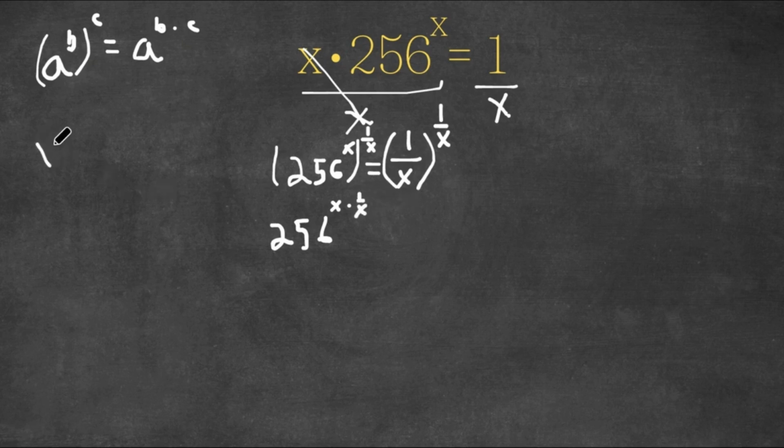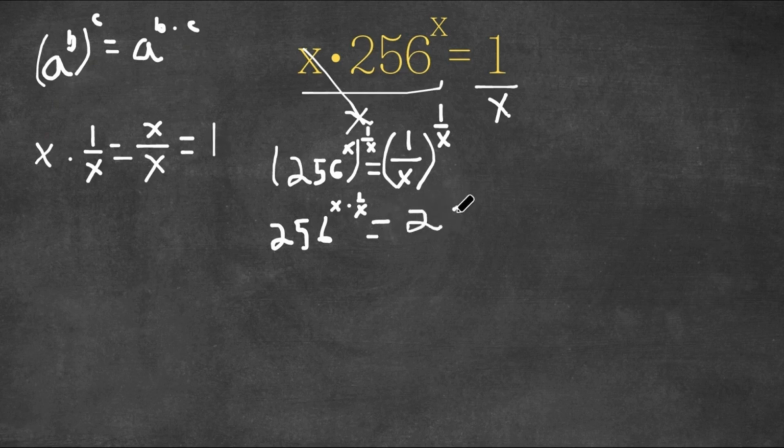Now, x times 1 over x is equal to x over x, which is equal to 1. So this is equal to 256 to the power of 1, which is the same thing as just simply 256.